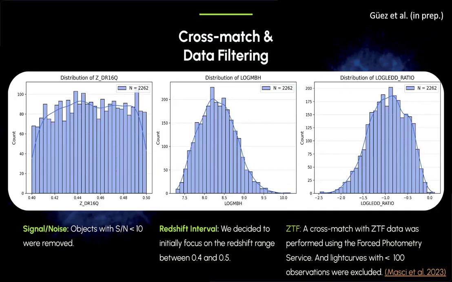And then cross-match with ZTF data was performed using the forced photometry service. Light curves with less than 100 observations were excluded. So the final sample had 2,262 objects. Here are the exact same plots, but just for the final sample after the filtering.